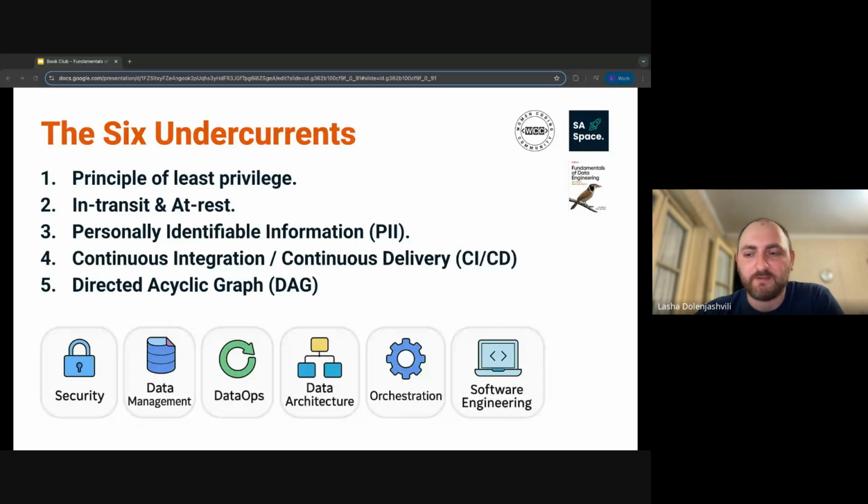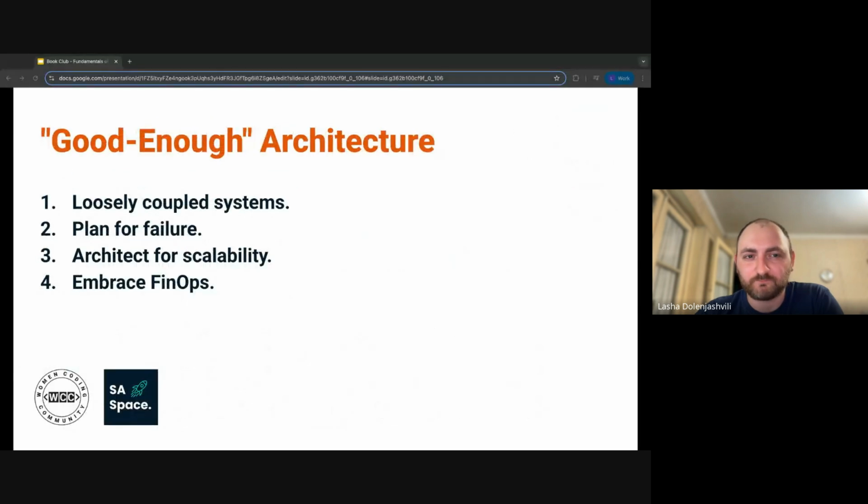Many data engineering projects are built in Docker containers, and it's very similar nowadays to software engineering practices.